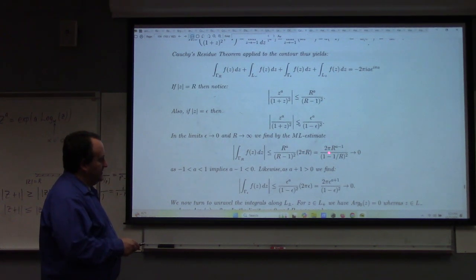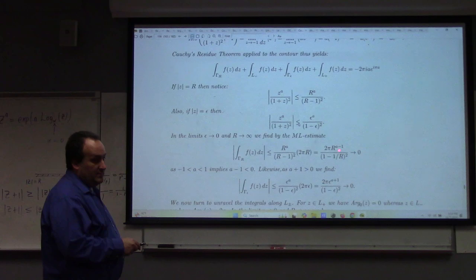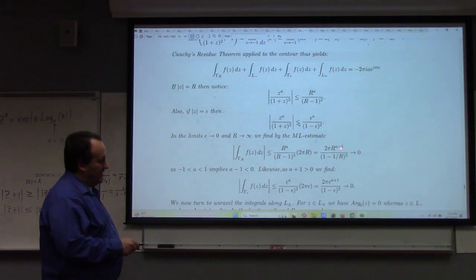But that is r to the a minus 1 divided by 1 minus. So as r goes to infinity, that goes to 1, right? And since the absolute value of a is less than 1, and not equal to 0, that means this power, as r goes to infinity, goes to 0.